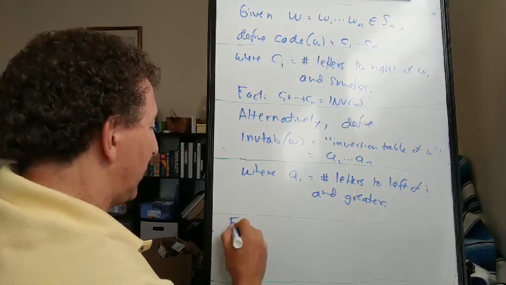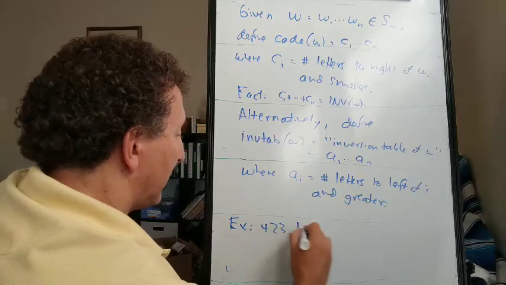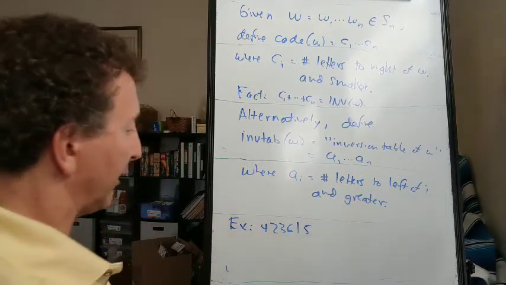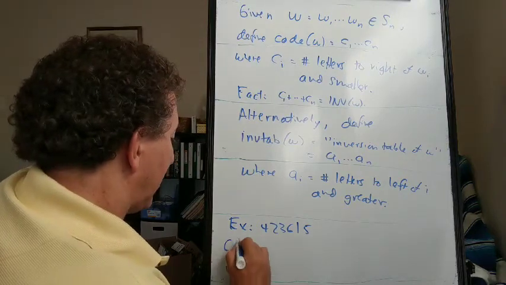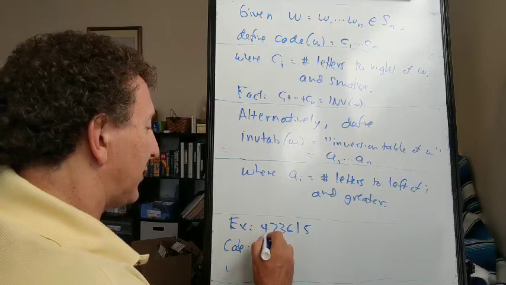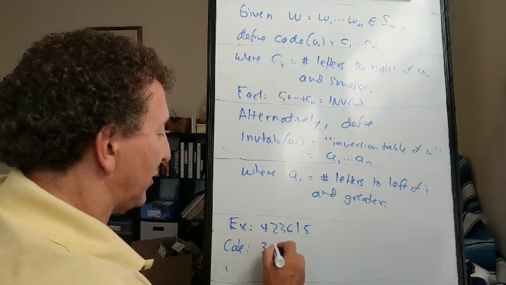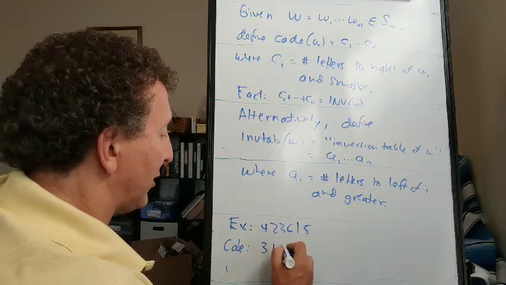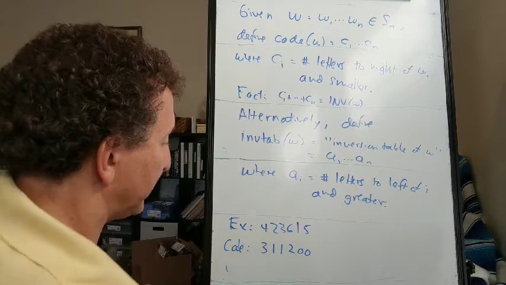So for example, let's look at 423615. So the code is, to the right of 4 and smaller, there are 3 things. To the right of 2 and smaller, there's 1 thing. To the right of 3 and smaller, there's 1 thing, 2, and then 0, 0.